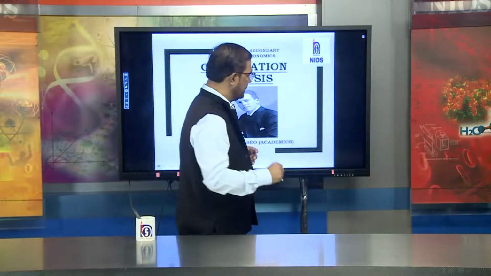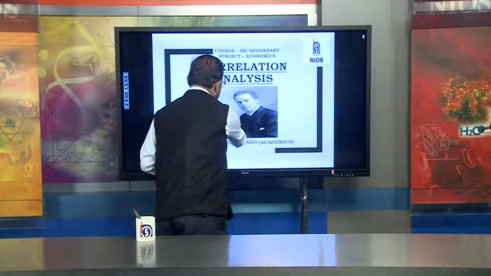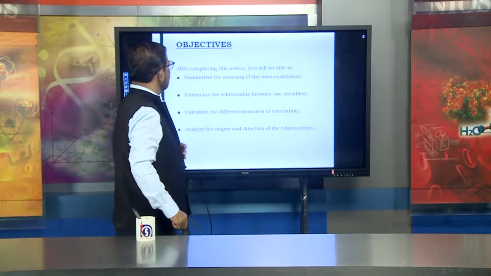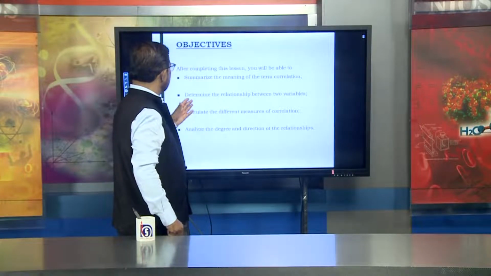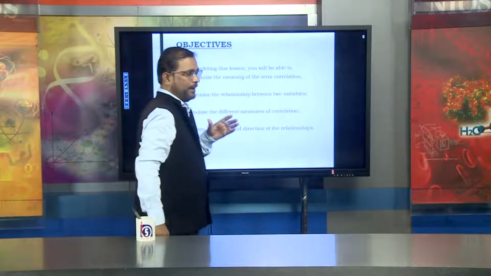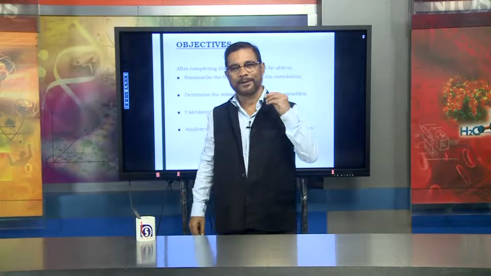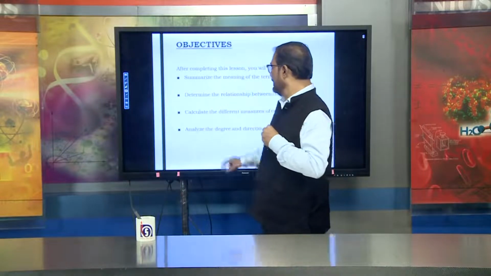Okay. Before we discuss all the things in detail, first of all we have to see what objectives we are going to achieve in today's discussion. After completing this lesson, you will be able to summarize the meaning of the term correlation, for which I have already discussed the background of the concept.